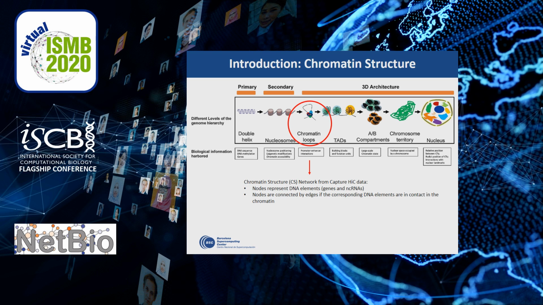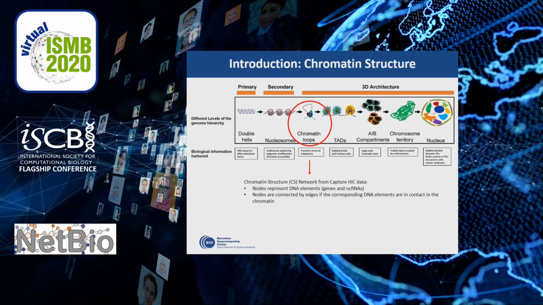The key building block of that 3D architecture is the chromatin loop. What happens is that 2 regions that are far away along the DNA come into proximity in 3D space and are glued together with cohesin molecules.